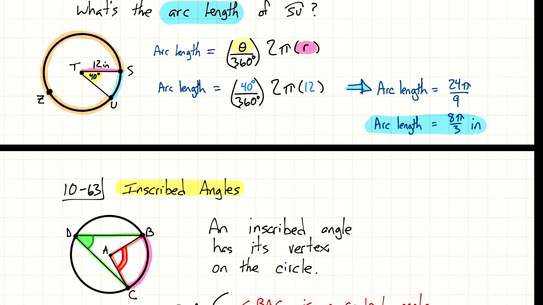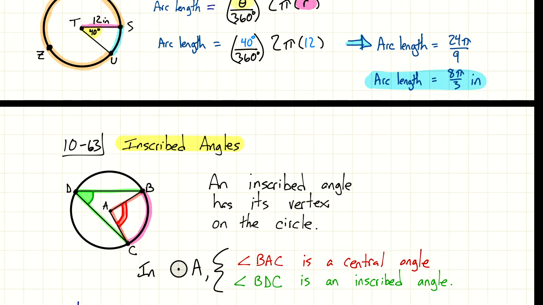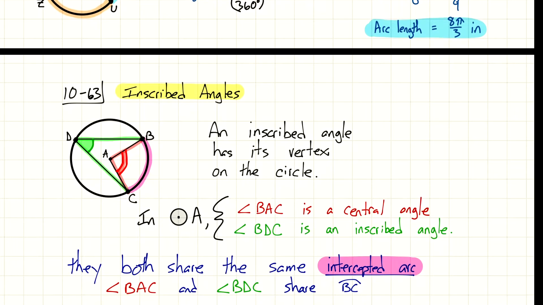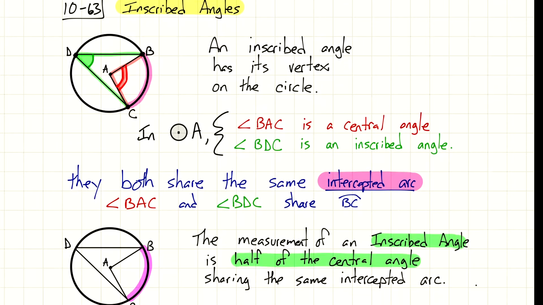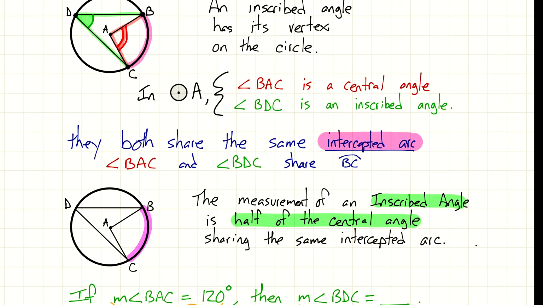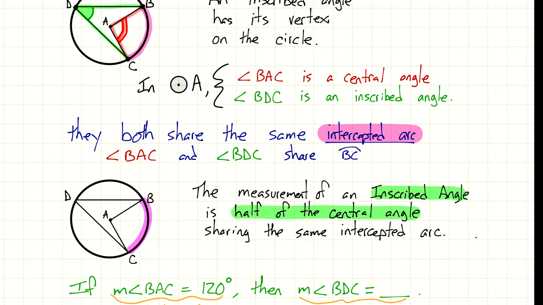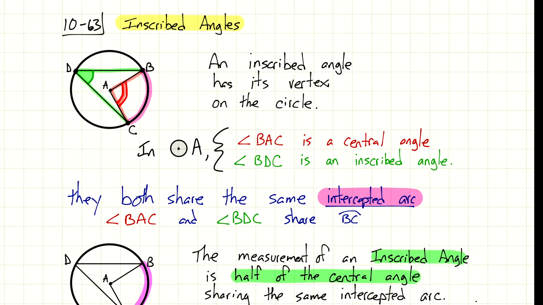All right, next key topic on this lesson is what an inscribed angle is. So I just have some notes for you to maybe copy down, have in your notebook. I'll go through and explain this. So a couple things is what an inscribed angle is in our situation.